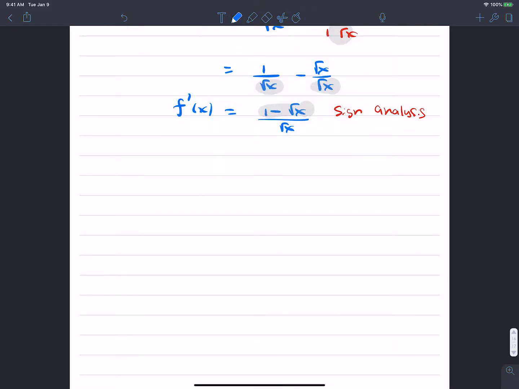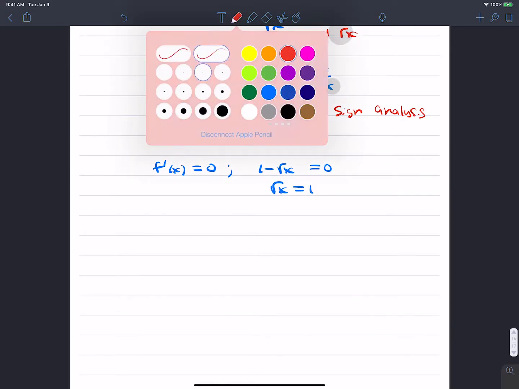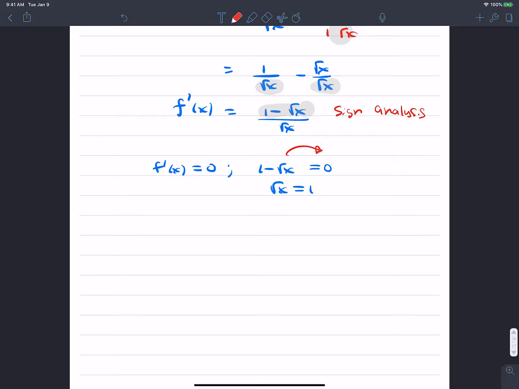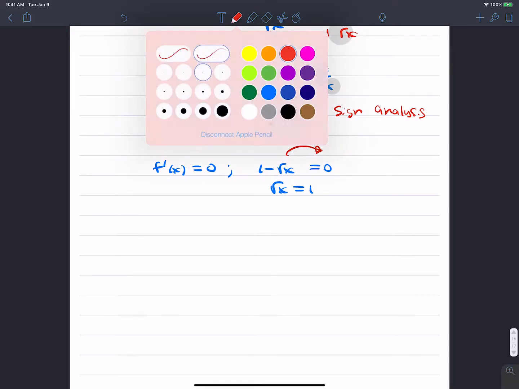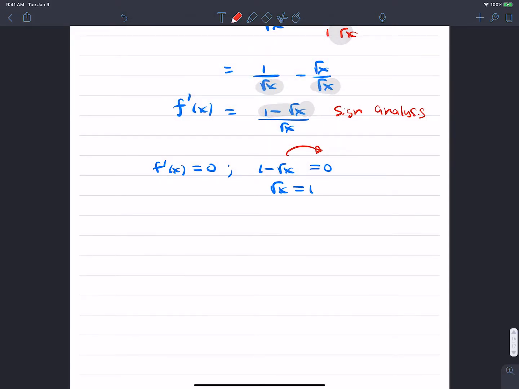So, my first derivative will be 0 where that numerator is 0. 1 minus the square root of x equals 0, or the square root of x is 1, because I can translate that term. Now, by the square root formula, or squaring both sides, right? Probably use the square root formula.